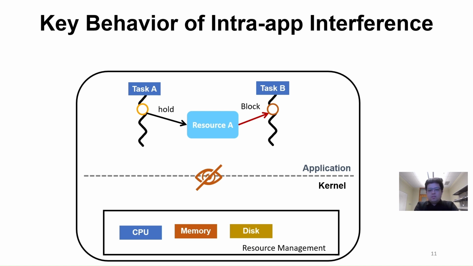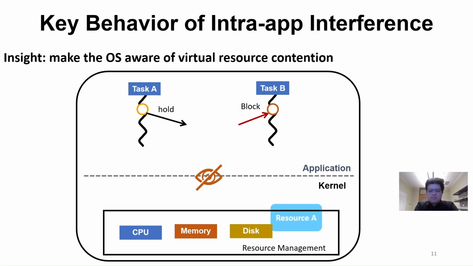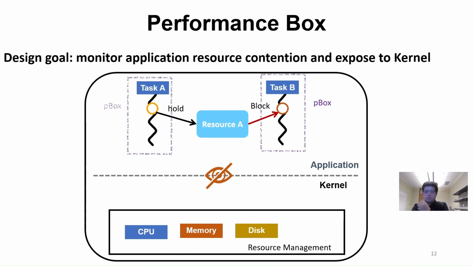Our key insight with pBox is that by making the operating system aware of virtual resource contention within the application, we empower the system to actively monitor and control the usage of application virtual resources, thus making effective mitigation of interference possible. Built on this insight, pBox divides an application's execution into independent activities. It traces crucial application resource usage through its library and communicates this information to a kernel-level manager.